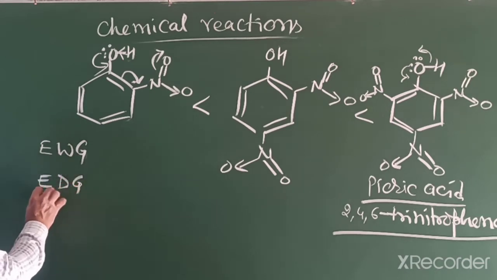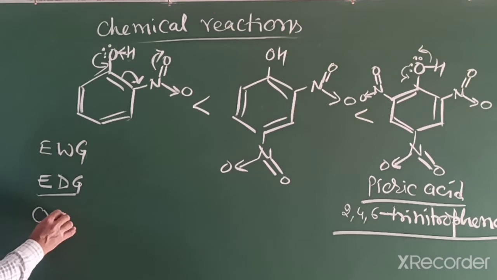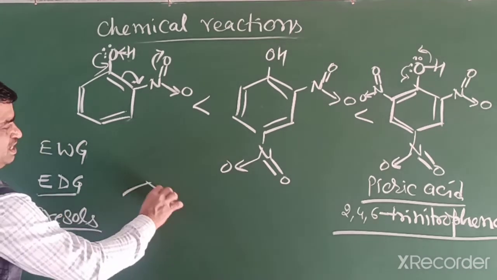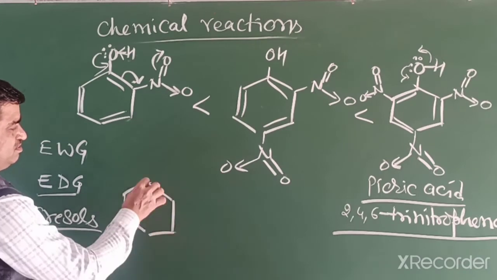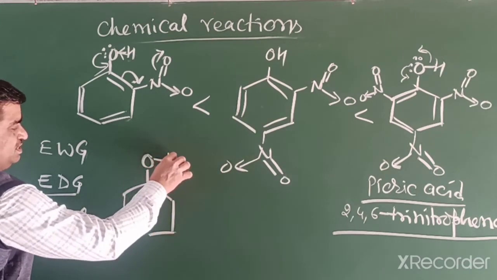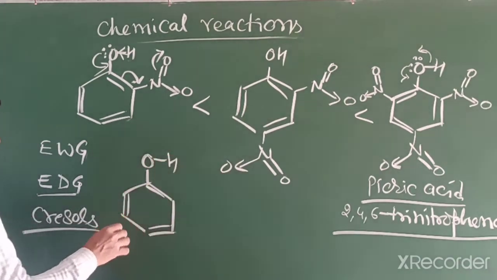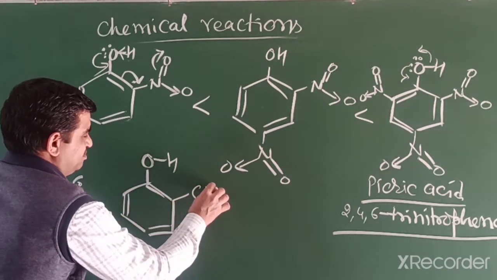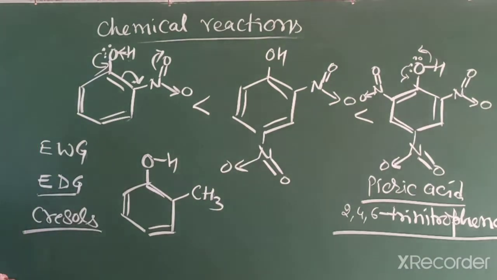means if an electron donating group (EDG) is attached, like in cresols. In cresols, what happens? A methyl group is attached. This one is cresol, one methyl group attached at either ortho, meta or para. For example, the ortho condition.